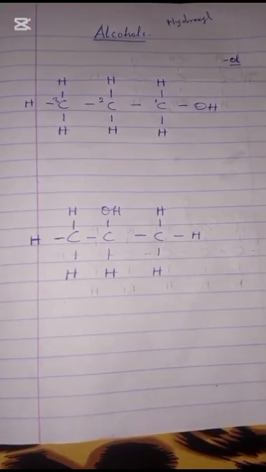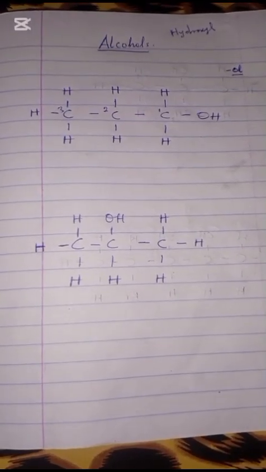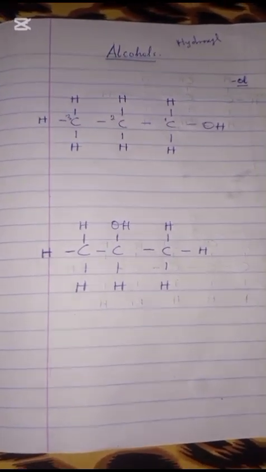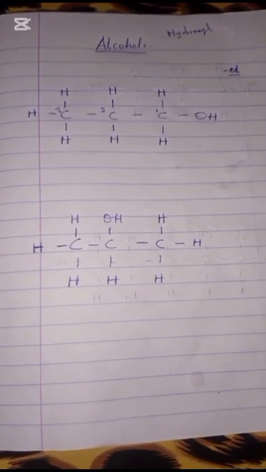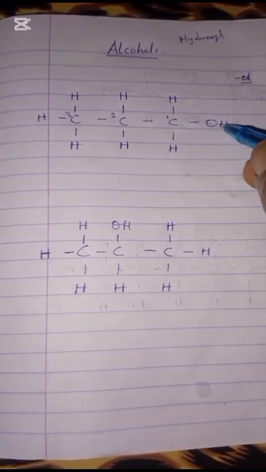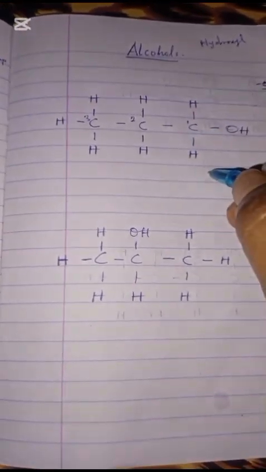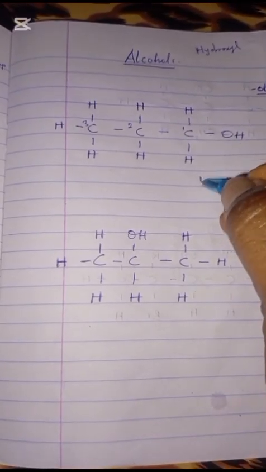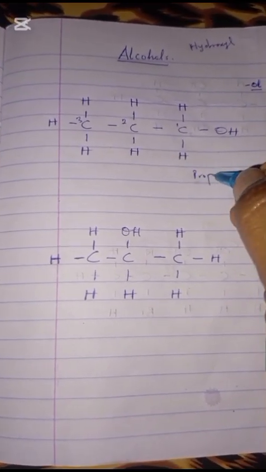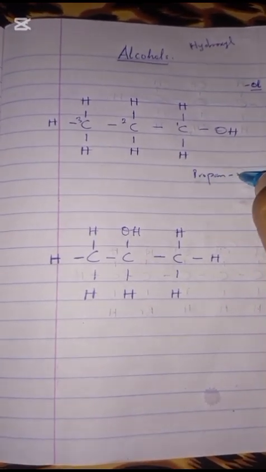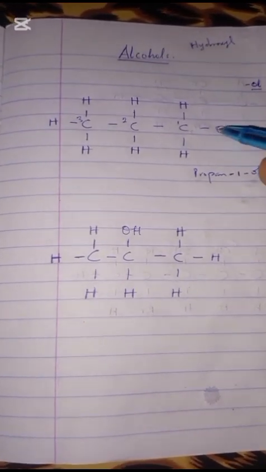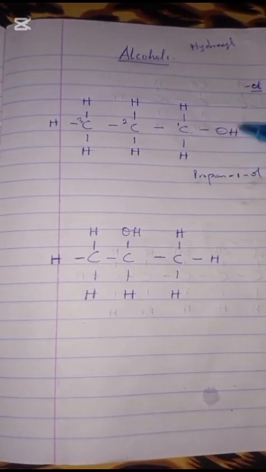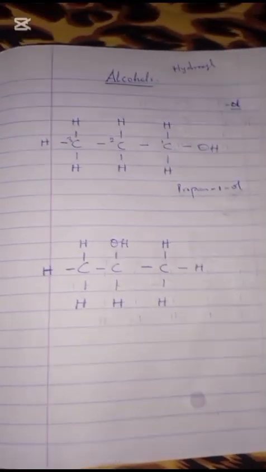Now, since the longest continuous carbon chain is 3 carbons, the parent name will start with prop. Since the hydroxyl group is found on carbon 1, the name of this compound will be propan-1-ol. This 1 represents the carbon that the hydroxyl group is attached to, carbon 1.